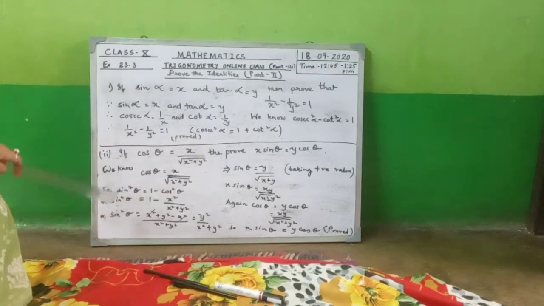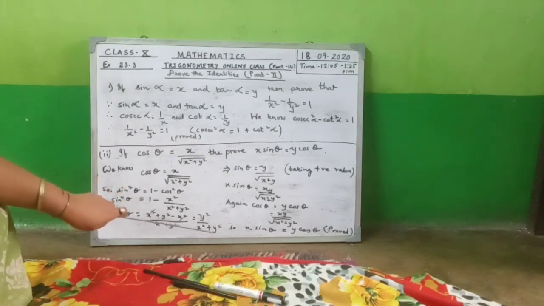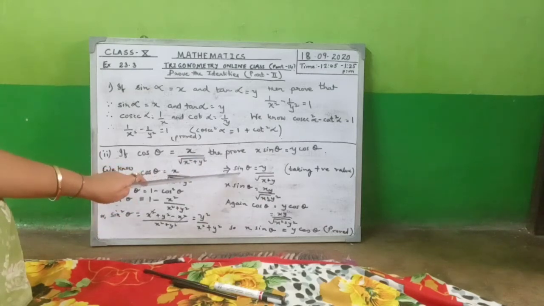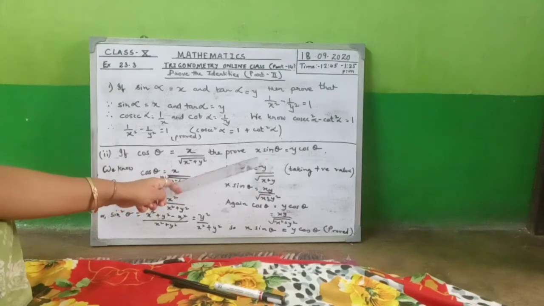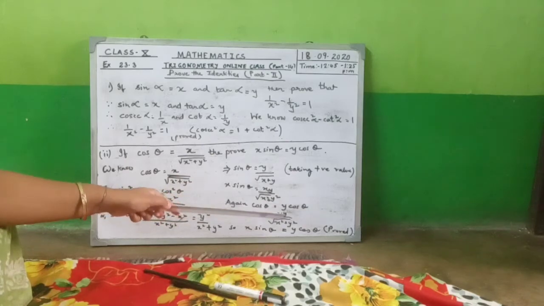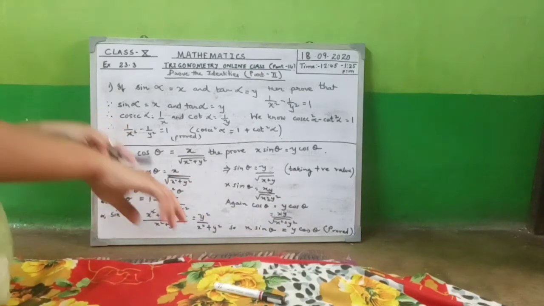Now sin square theta is equal to y square by x square plus y square. Then what is sin theta? Root over of it, and since it is root, x square there, we will write y, and this will come under root x square plus y square.